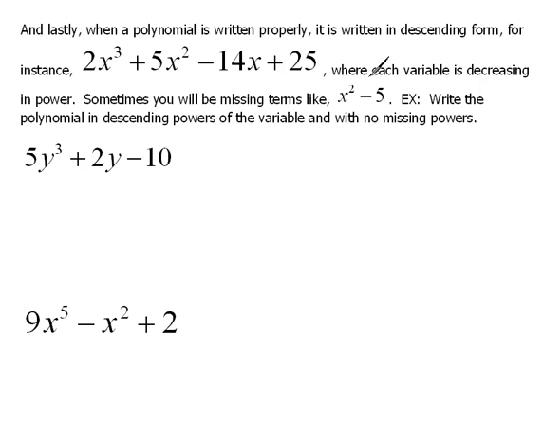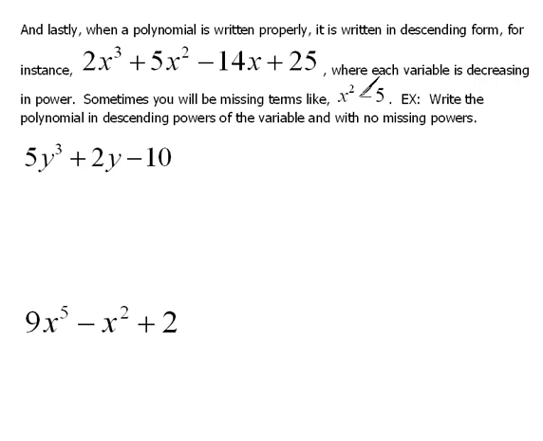Now sometimes you're going to get a polynomial that looks something like this. And in this case we've got x squared, so next in descending order should come x to the first, 2, 1, 0. But we're missing that plain x term. It's important to recognize that, because especially when we get to division of polynomials, we will have to be able to put in each one of those missing variables.